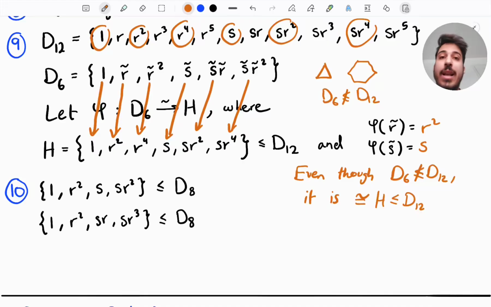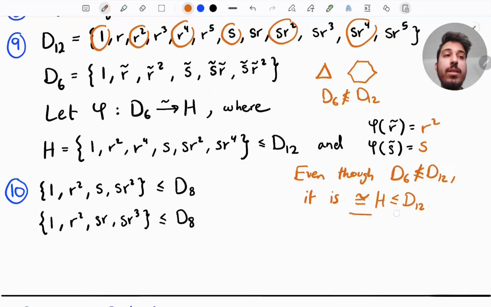And in algebra, having the same structure is just as important as being equal, because isomorphism in algebra means that we only care about the structure of the group. So it's just a matter of labeling, changing the labels of the set from D6 to H. So in conclusion, this result is equally as important as saying that D6 is a subgroup of D12, even though it is not.